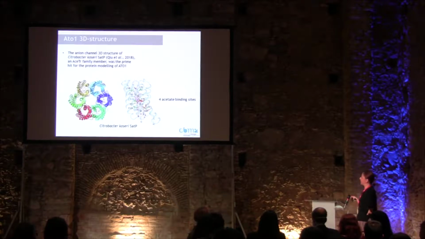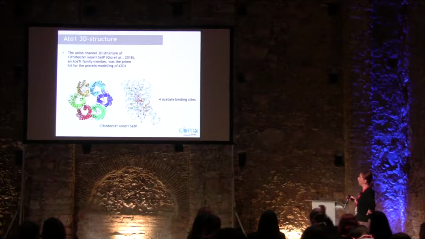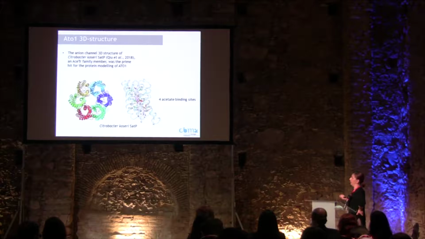They got the crystal structure for SatP, which is the homolog from another bacterium, and then another group did the one from E. coli, and it has a structure of a hexamer, but the functional transporter is the monomer.